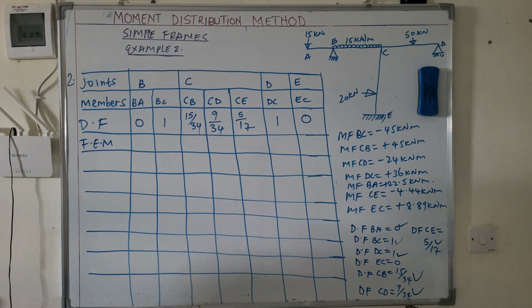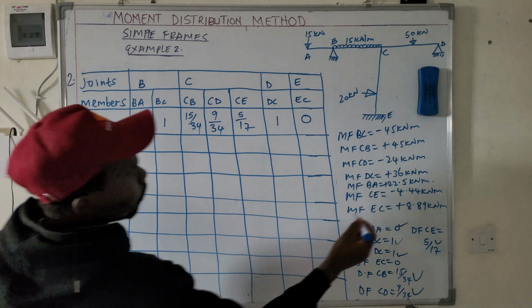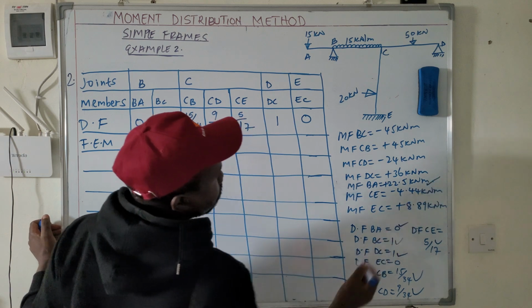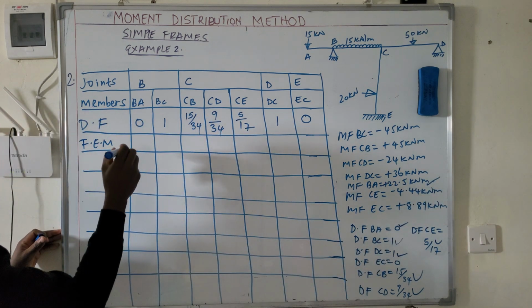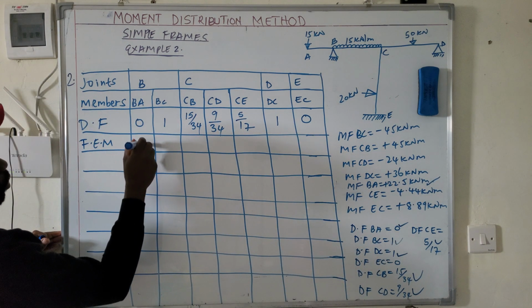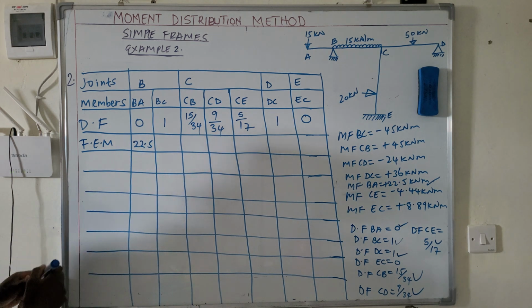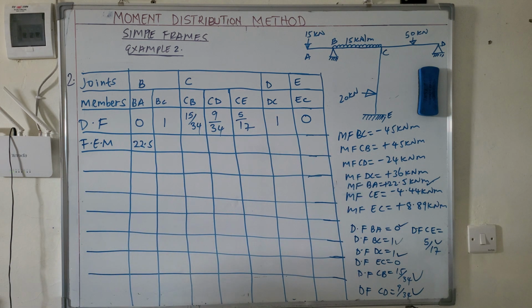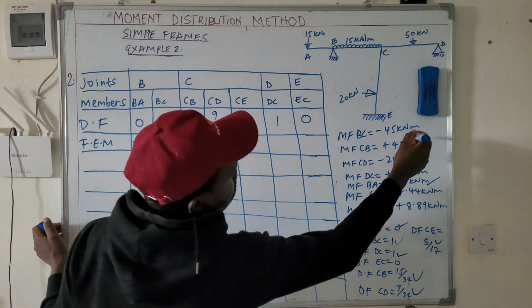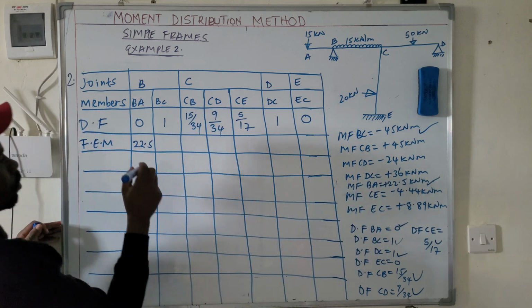So member BA is this one, 22.5. Member BC, negative 45.